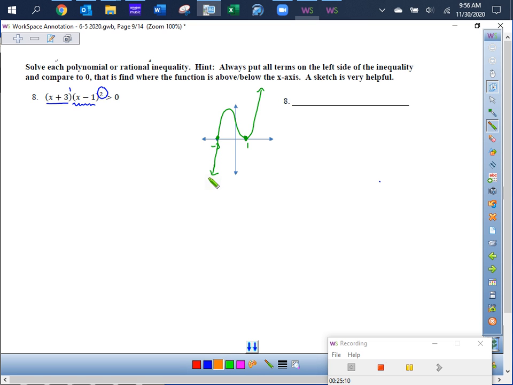I'm going to start tracing the graph. This is below, below, below, below. Aren't you above the x-axis, above, above, above? Interesting. What's going on right here? Is this point above the x-axis, or is it on the x-axis? On. So that doesn't get highlighted. But then would you believe that it starts to go above, above, above, above again?